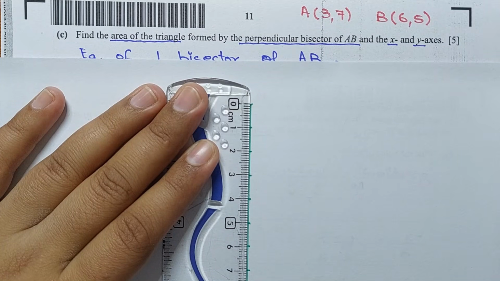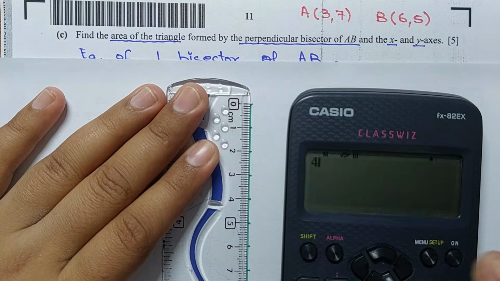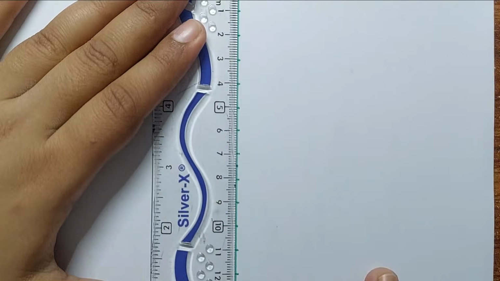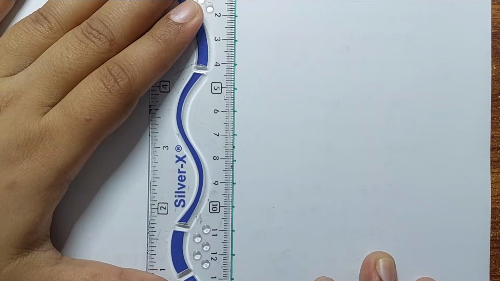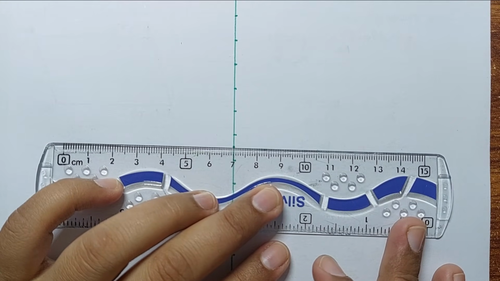So what is the mid of 15? 7.5. The midpoint of 15 is 15 divided by 2, 7.5. Here is 7.5. You guys can see I drew this till 15. Now from 7.5 we can draw a straight line.